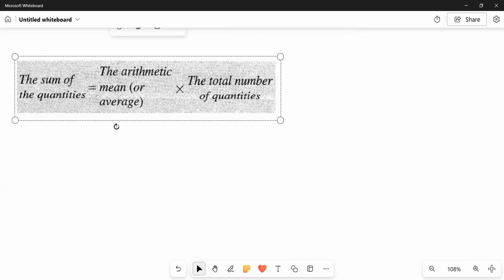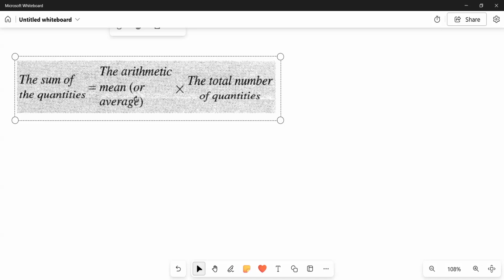So remember, the arithmetic mean was equal to the sum of quantities divided by the total number of quantities, right? But we rearrange it now, and you have the sum of the quantities equal the arithmetic mean multiplied by the total number of quantities. This is a very useful formula, right?